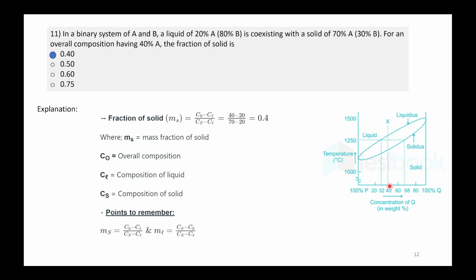So if it is 40, then your liquid is existing at 20% A. So this is 20% and this is your 70% A. So we take 70 minus the entire length, we get 40 minus 20, which will be the fraction of solid, divided by the entire length, which will be 70 minus 20. So your answer will be 0.4.